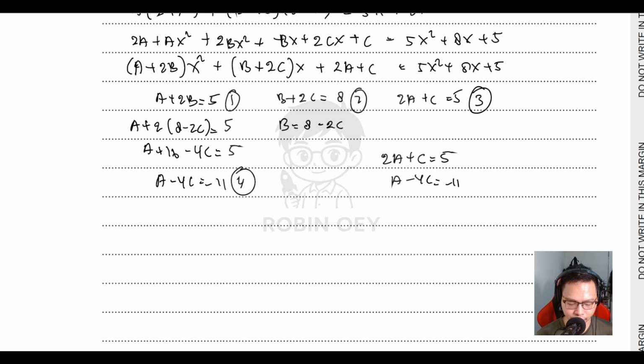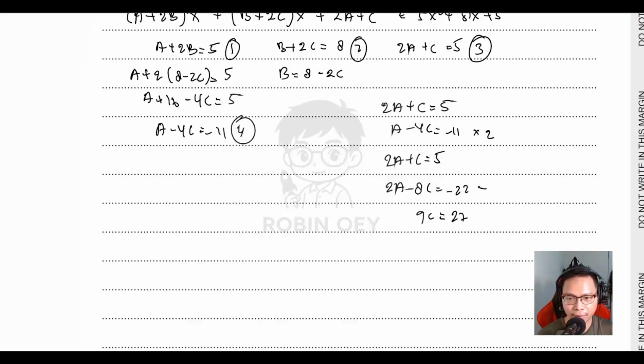And I'll just times 2, which will become 2a plus c equals 5, and 2a minus 8c equals negative 22. If we eliminate this, we'll get 9c equals 27. And finally, we get c equals 3. Okay, so we take note, c equals 3.